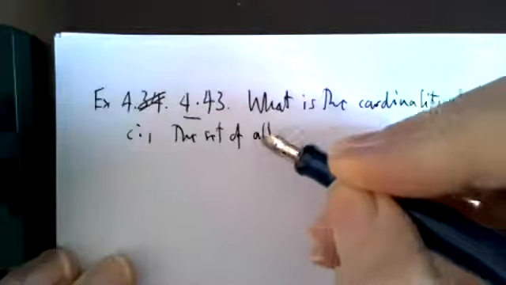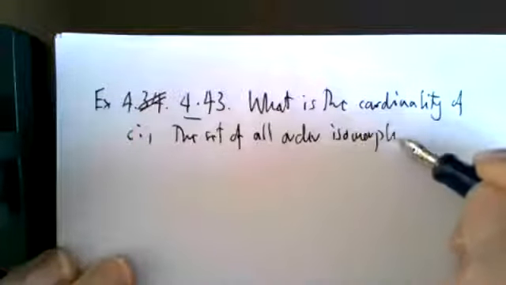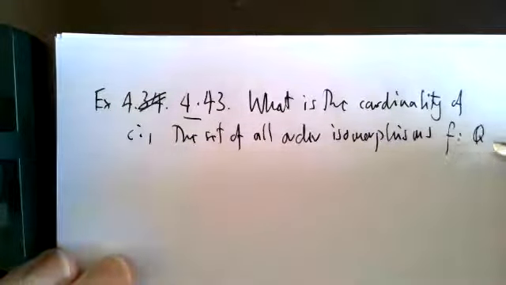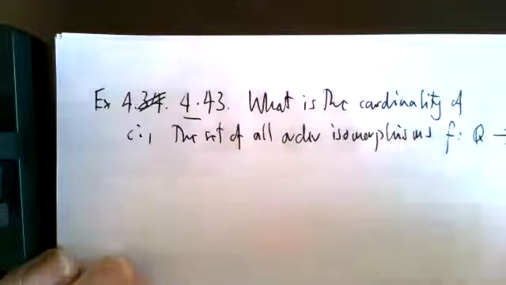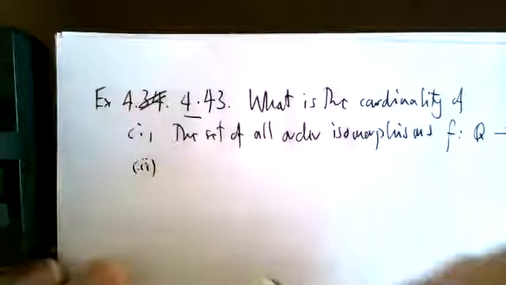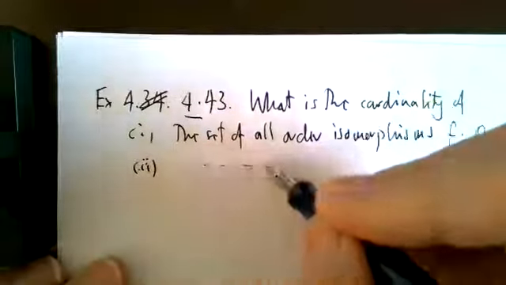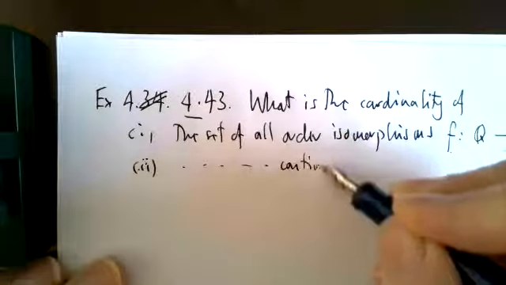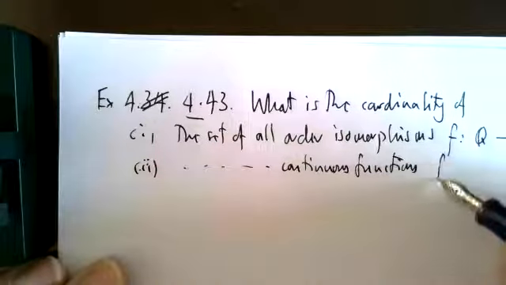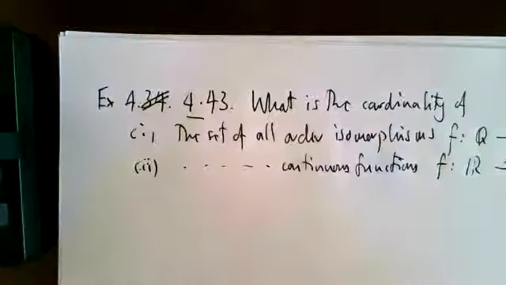So the set of all order isomorphisms from rationals to rationals. And then part 2 says set of all continuous functions F from R to R.